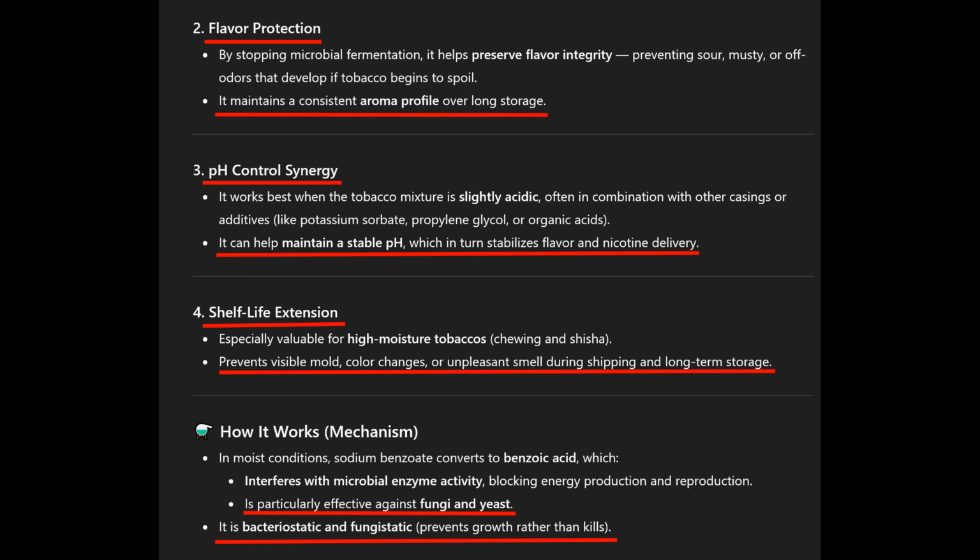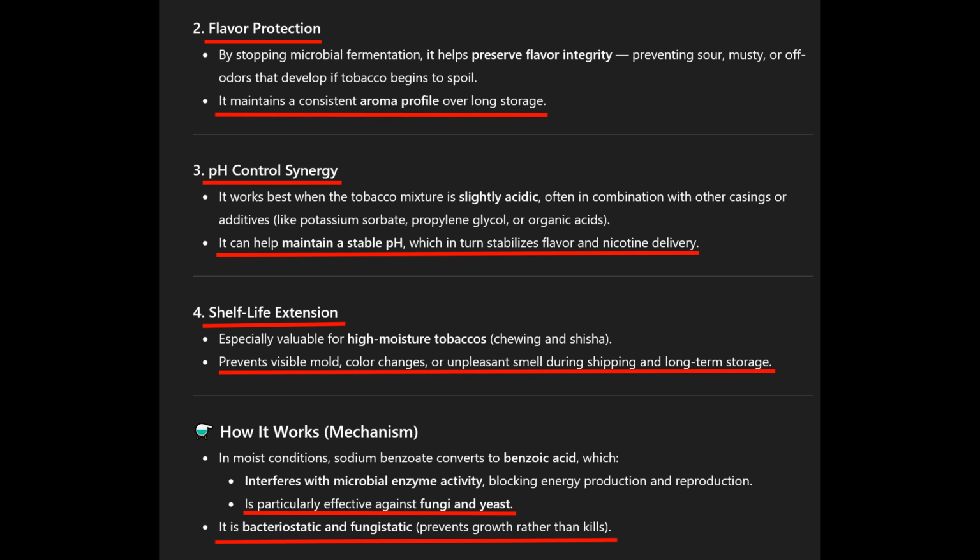Next, the flavor protection. It maintains a consistent aroma profile over long storage. Again, very interesting and important. pH control synergy. It can help maintain a stable pH, which in turn stabilizes flavor and nicotine delivery.